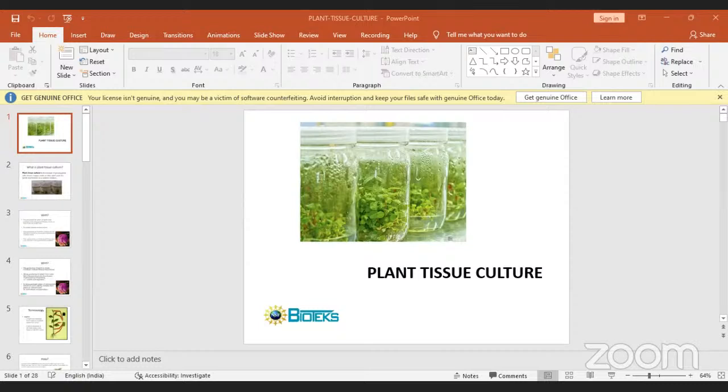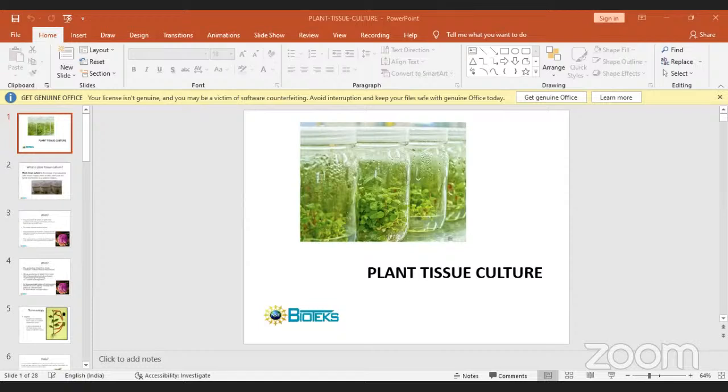Meristem culture is also very, very important. In meristem culture, meristem tissue of the shoot tip is cultured in vitro in a suitable culture medium. This type of culture is done mostly for elimination of viruses and related pathogens from a large number of vegetatively propagated plants.